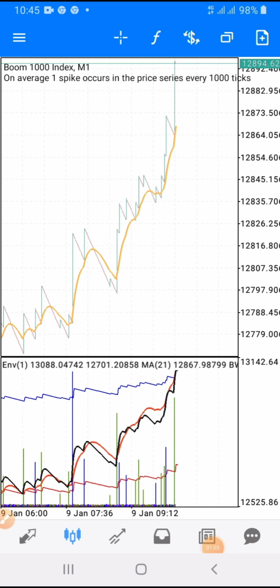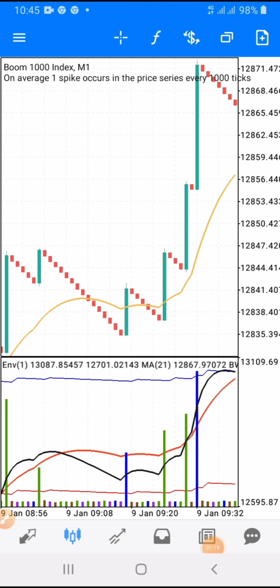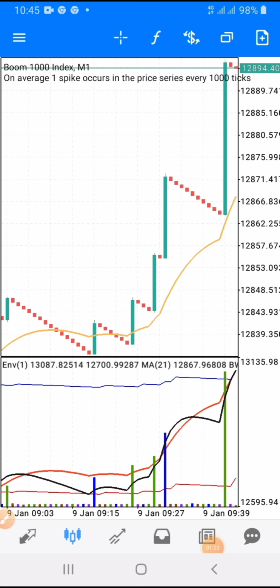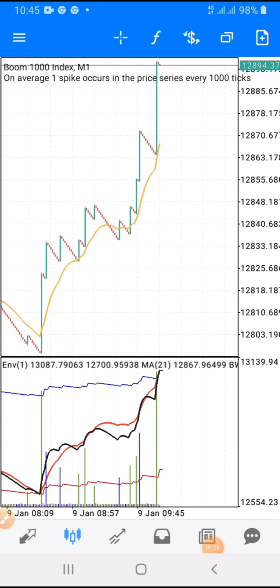Let me share with you what I have for you guys today. All right, so first thing first, the zoom level that we are going to use, as you can see, I zoomed out completely. So just zoom 1, 2. Sorry, it should be 3.